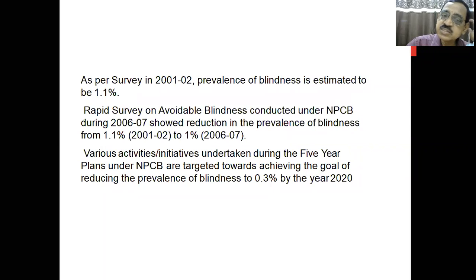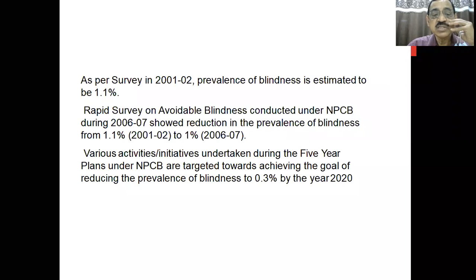As per survey way back in 2001 to 2002, the prevalence of blindness was estimated to be around 1.1%. And in 2006 to 2007, they have done a rapid survey of avoidable blindness conducted under NPCB.